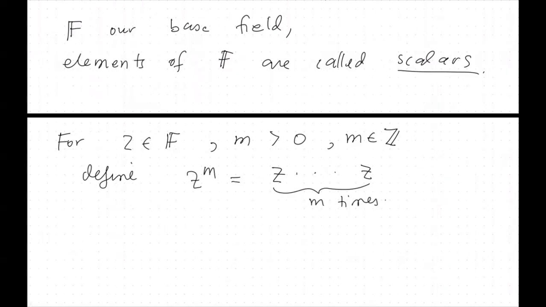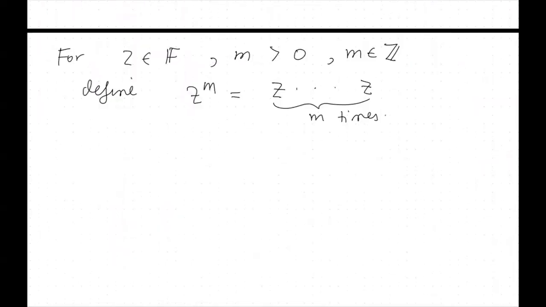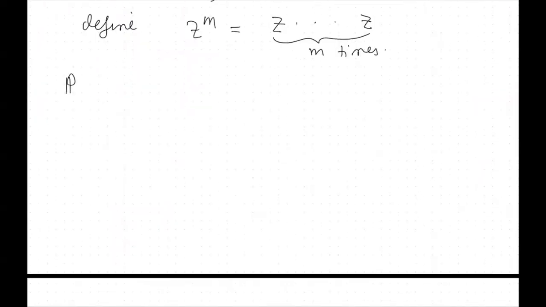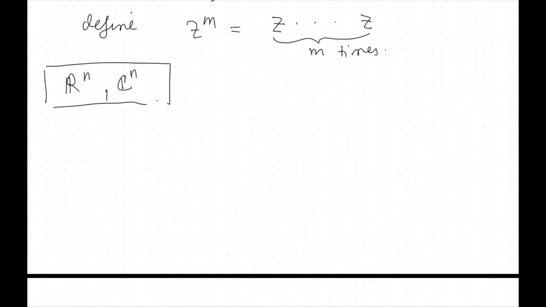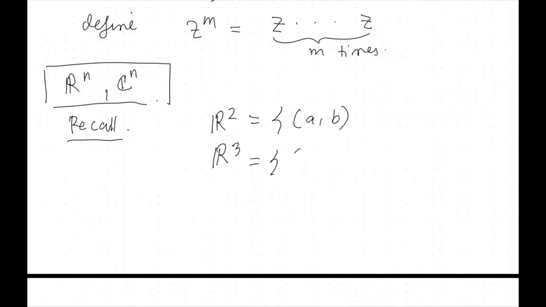We will recall from calculus C to the n and R to the n. Recall from our calculus that we have a familiar notion of R2 and R3, from Math 36 or maybe other numberings.